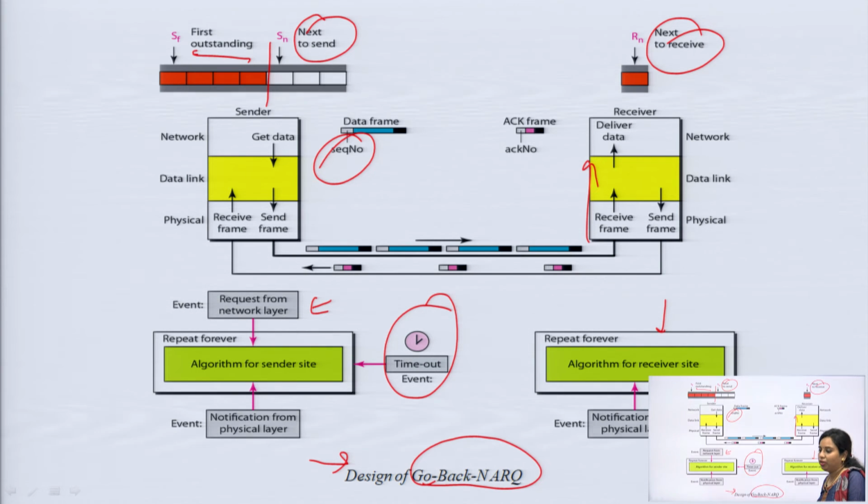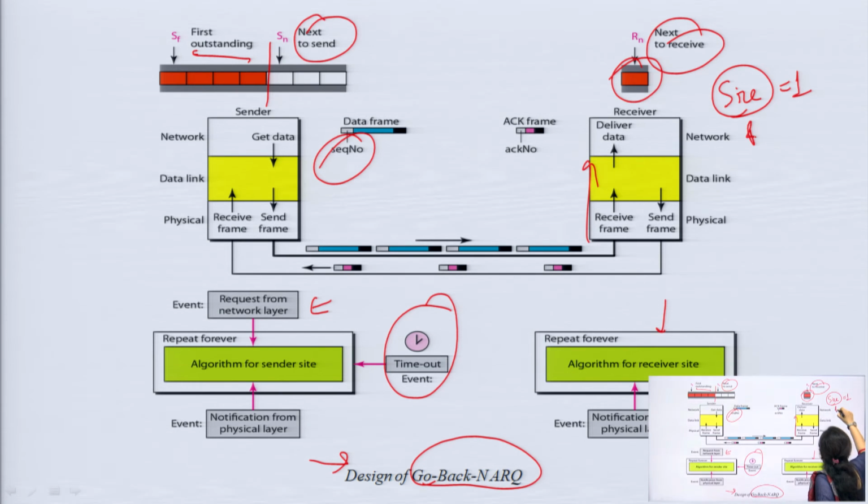This timer will repeat after a particular point of time. Another point you have to note is that the size of the receiving window, Rn, will always be equal to 1 in this case, that is, in go back N ARQ.